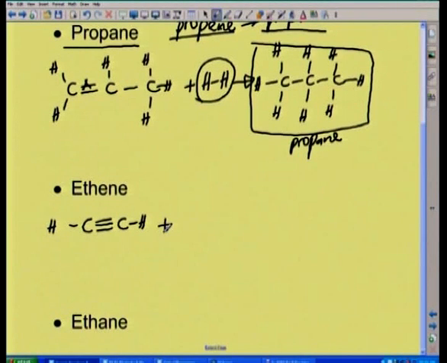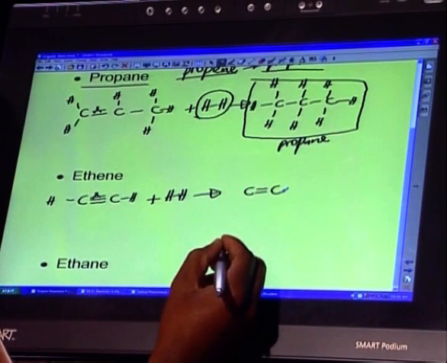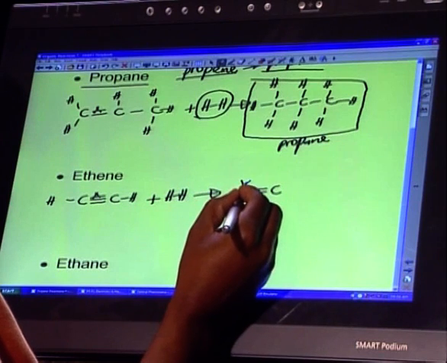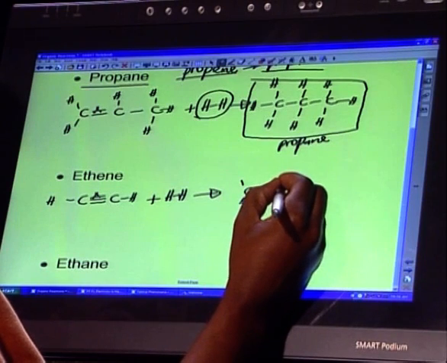If I then bring in the hydrogen gas, hydrogen molecule, what we're talking about will happen. One of the bonds is going to break up, so what I'm left with is a double bond there. So what happened? There are spaces now for that, okay?